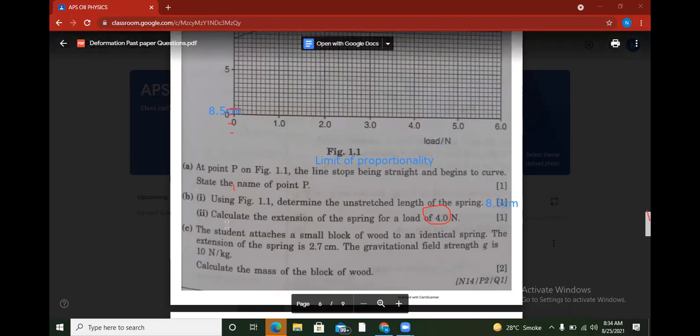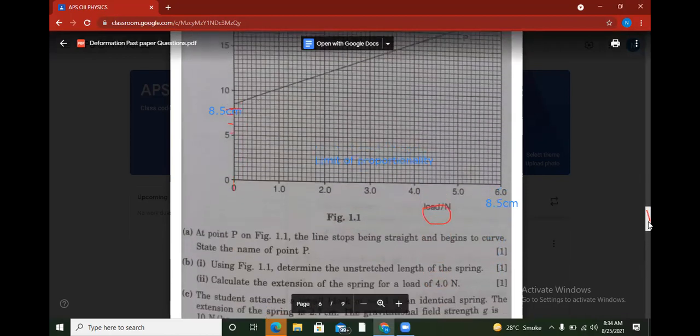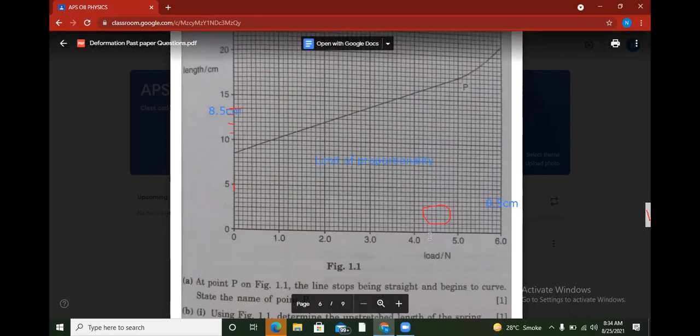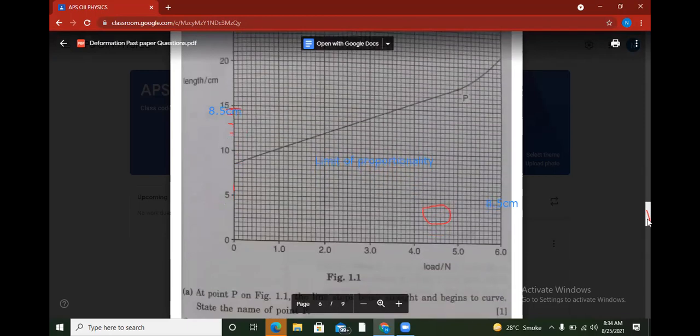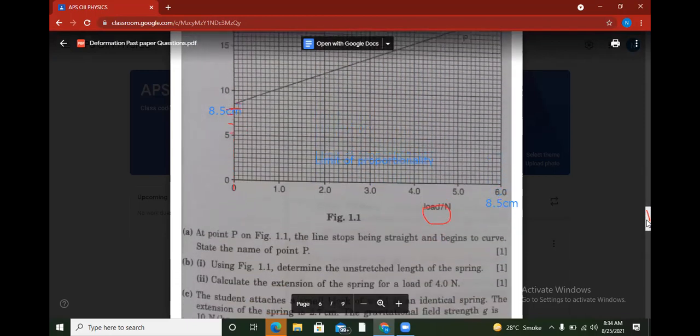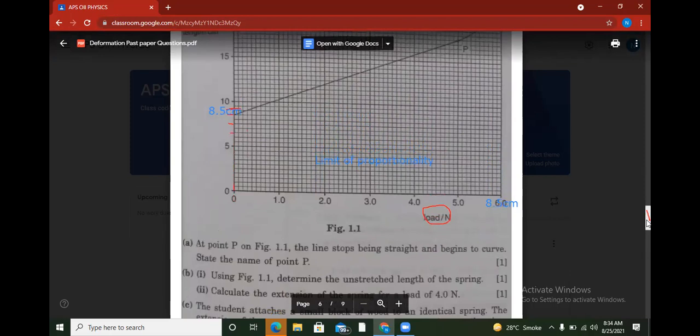Okay. Come to the part number 2. Calculate extension of spring for a load of 4 Newton. Okay, come again to the graph. 4 Newton, we have to calculate the extension at 4 Newton. That is the 4 Newton, and what is the extension at that point? Find it out.